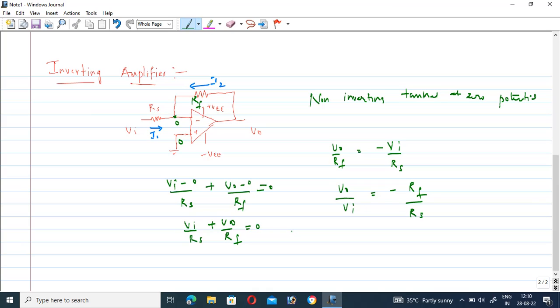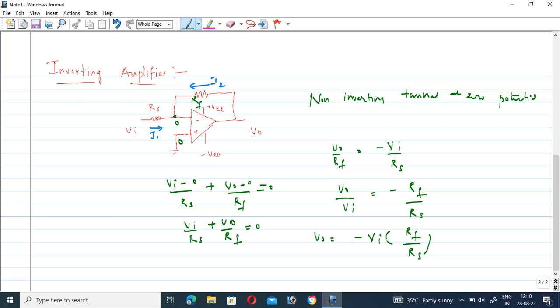Now, if you want to find only the output voltage, V naught is equal to minus Vi into Rf by Rs. This is the equation for the inverting amplifier.